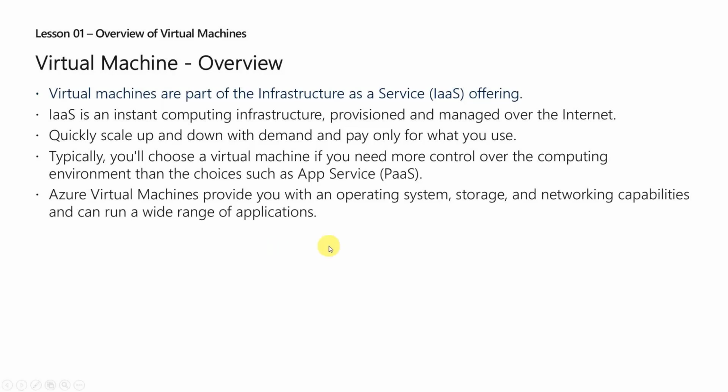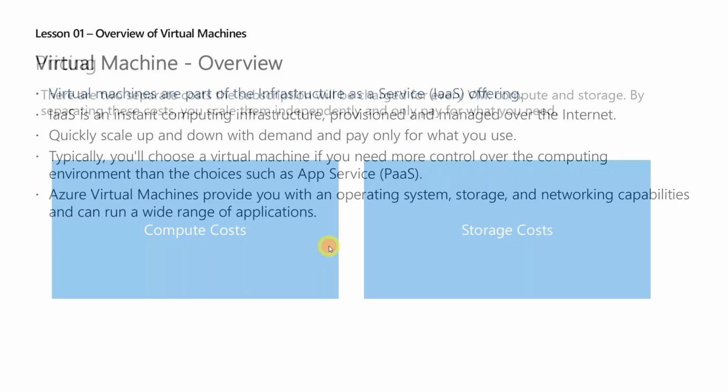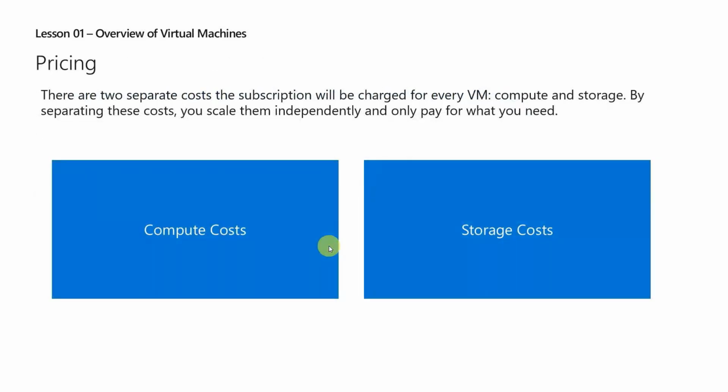Let's now learn about pricing. So there are separate charges. One is compute cost, the other one is storage cost. So we all know VMs have CPU and RAM, those come under compute, and disks come under storage. That means we'll obviously need to have a C drive, E drive, F drive, those kind of things, right?